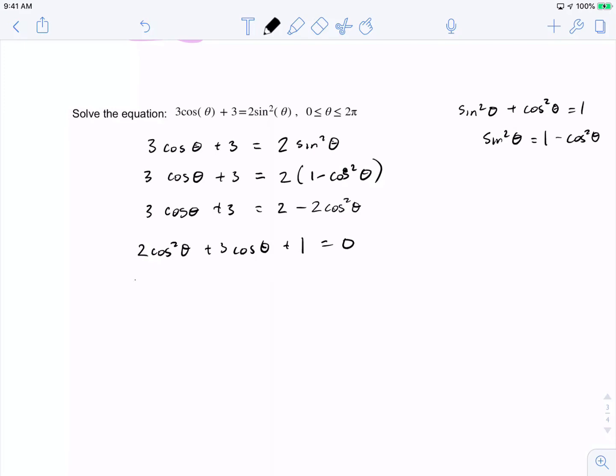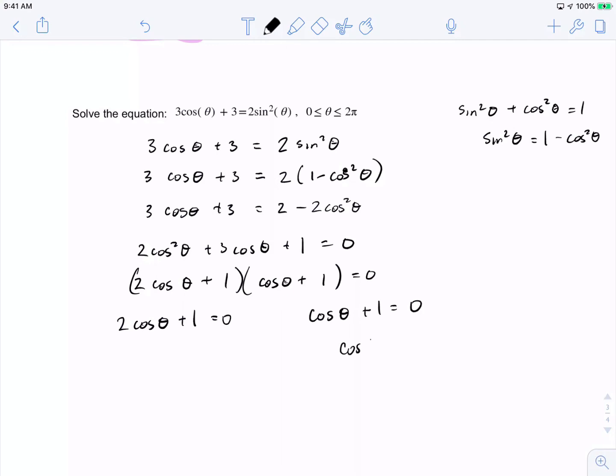And we see that this can be factored, so I'm going to get 2 cosine theta, and then I'm going to get 1, and they're both plus. And so I'm going to get 2 cosine theta plus 1 is equal to 0, or cosine theta plus 1 is equal to 0.